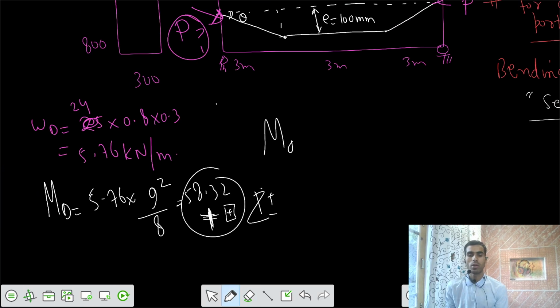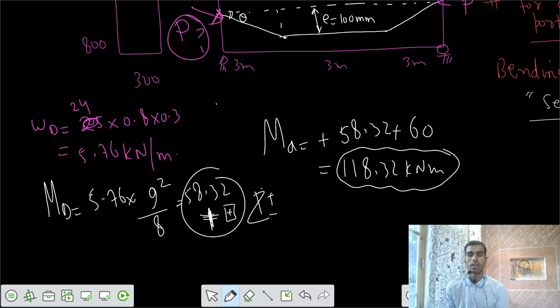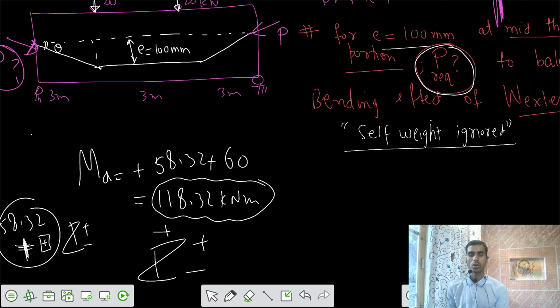Total moment is positive, that is 58.32 plus 60, so it's 118.32 kilonewton meters total moment applied. So top compression, bottom tension.